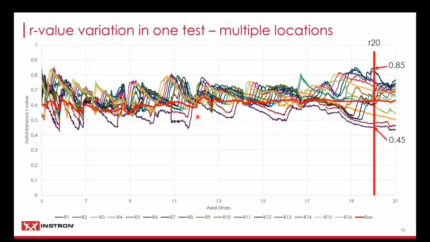The problem is that there's a huge variability. If I was to look at, say, R20, one result would be 0.85 and another would be 0.45. So that's a huge variability. What we can do is average these values, and you get this heavy red line through the middle, which is significantly more consistent.